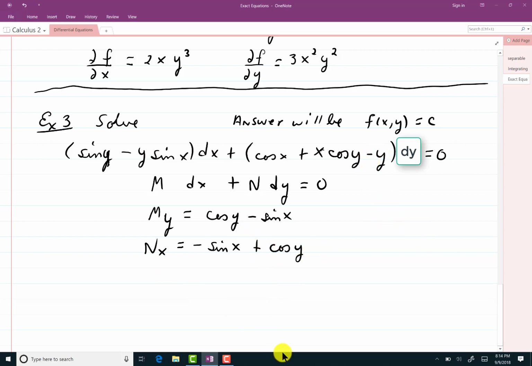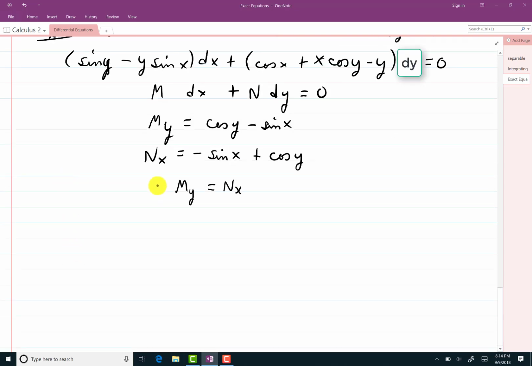So you can see I have M sub y equals N sub x. That is the crucial part. If that's true, then I know that I have a solution. I'll be able to go and integrate directly back here. Let's go ahead and do that.